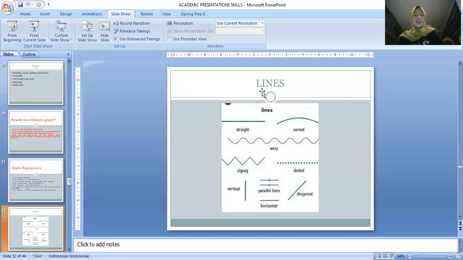And these are the kinds of trends of line graphs. Yeah, it is straight, and then this is curve, and this is wavy, and this is called zigzag, and then this is dotted, and this is vertical trend, horizontal, diagonal, and parallel lines.